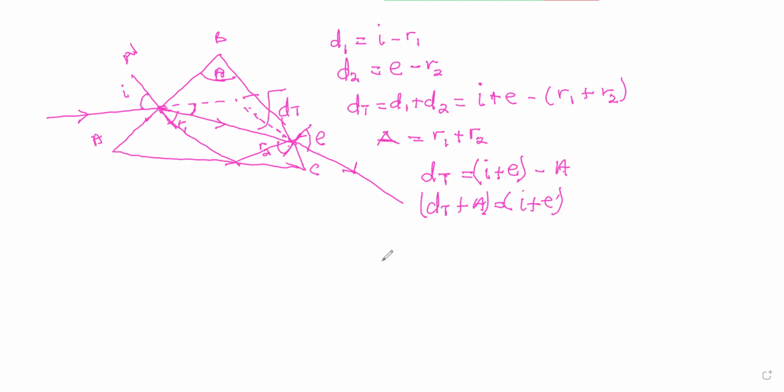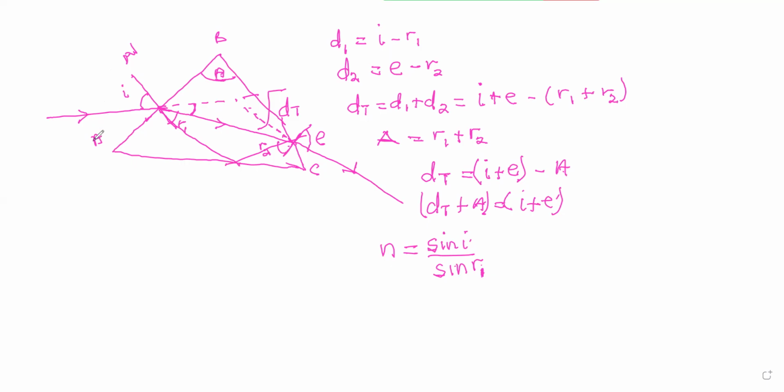We express the refractive index of the prism. The refractive index, from Snell's law, is equal to sine of I over sine of R1. This is how we can determine the refractive index, moving from left to right.